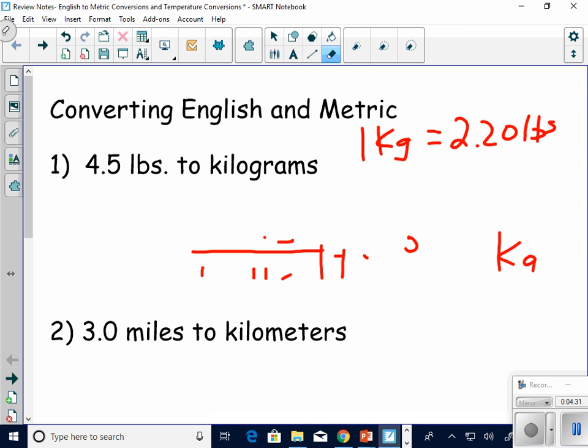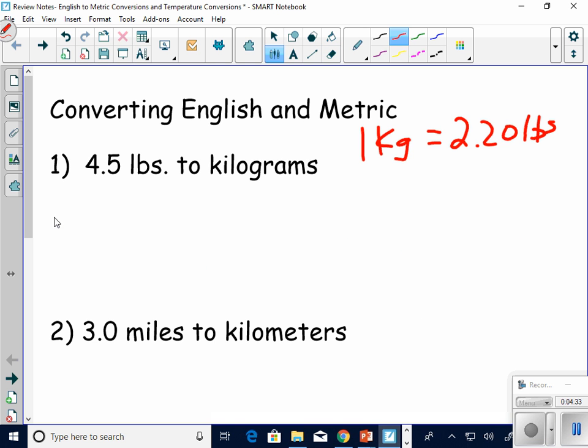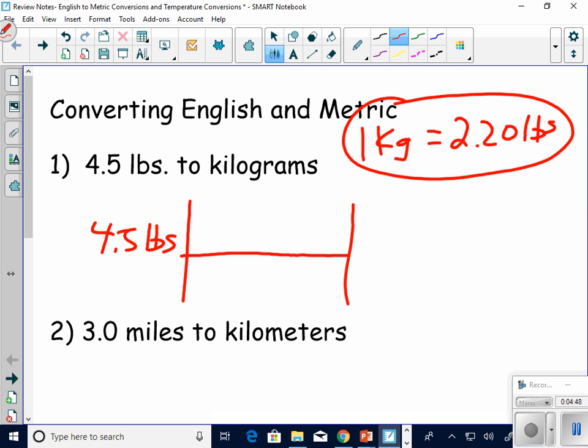There could be more than one conversion factor. So I have 4.5 pounds. Now my conversion factor I'm using is right here. I'm still going to line up pounds on the bottom, kilograms on top, because I want them to cancel to give me a kilogram.